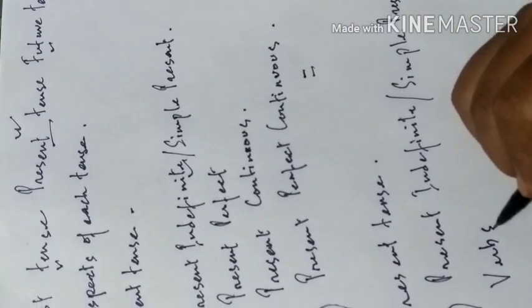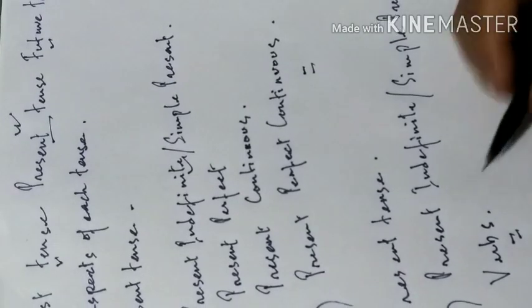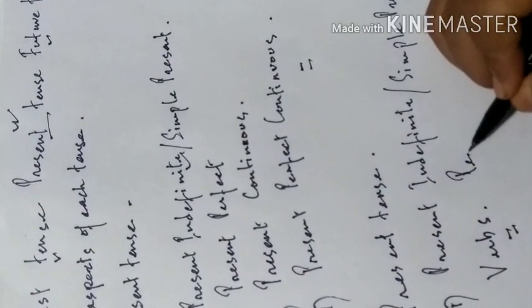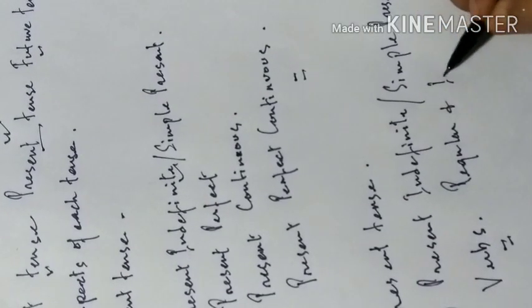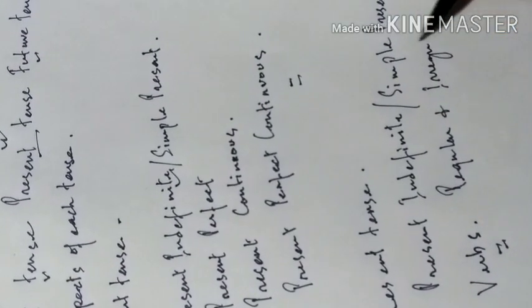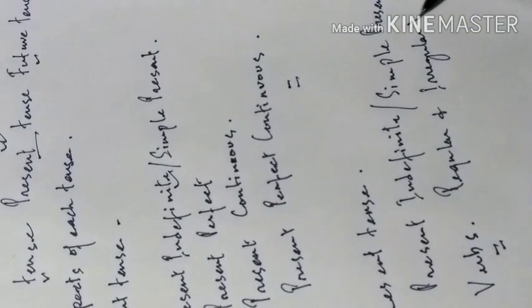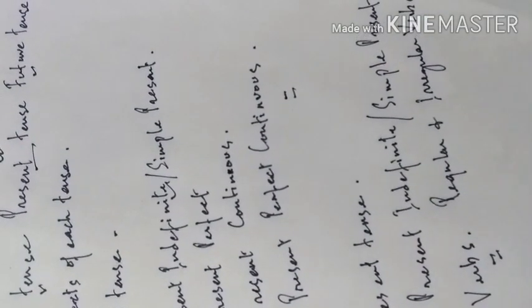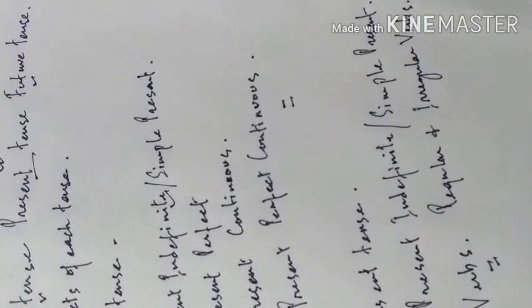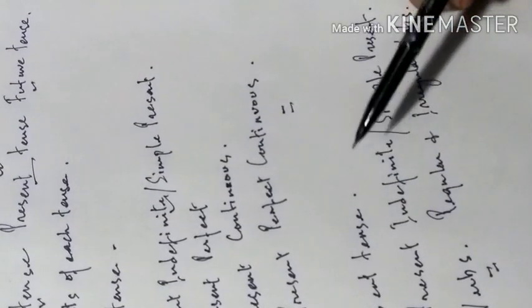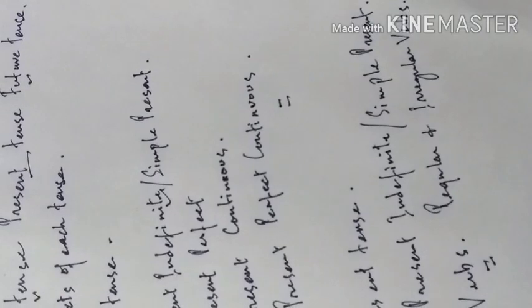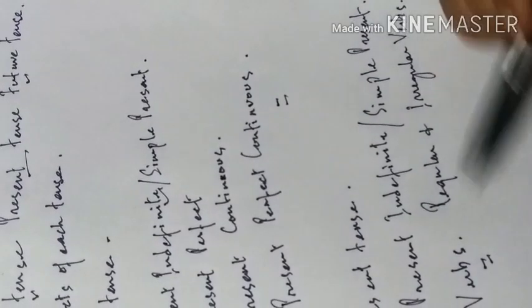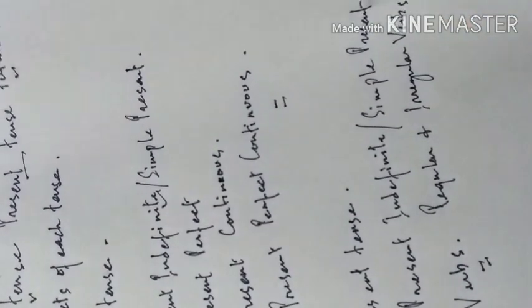verbs. Last time we talked about regular and irregular verbs. So now we are going to come to this present tense aspect, the present indefinite, and use verbs to make sentences in the present indefinite. Okay.